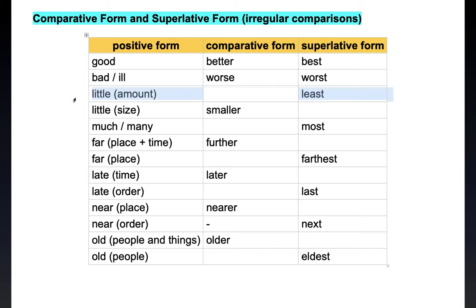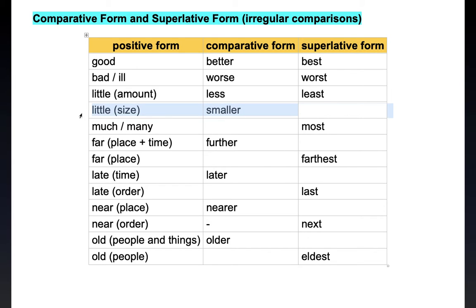Simple. Little. Little es pequeño o poco. Amount es cantidad. Cuando tengo poca azúcar, poca harina. So in this case you have to say less for the comparative form and least for the superlative form. Very simple.